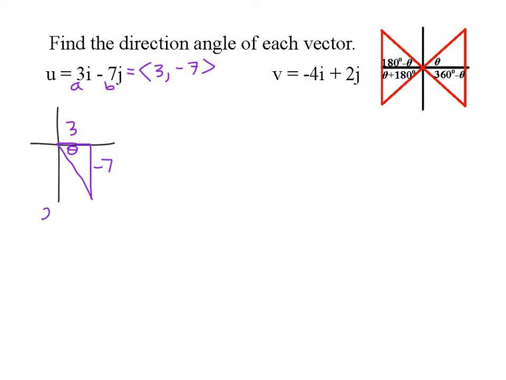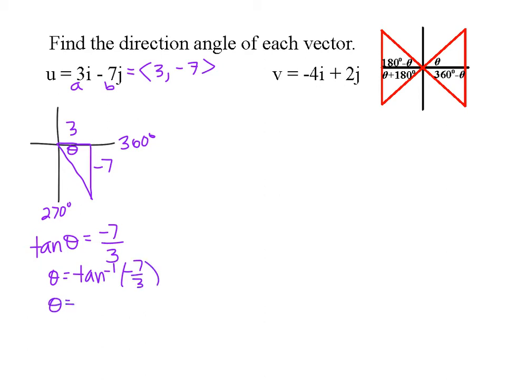So at the end of this, you're going to want to make sure your answer is in between 270 and 360 degrees. So now to find this, we're going to do tangent. So tangent theta equals opposite over adjacent, -7 over 3. Theta is the inverse tangent of that.